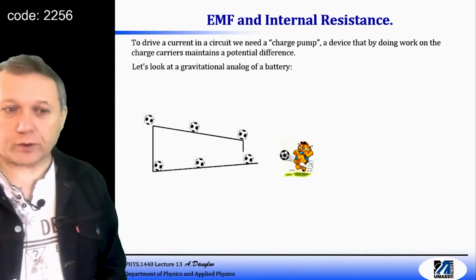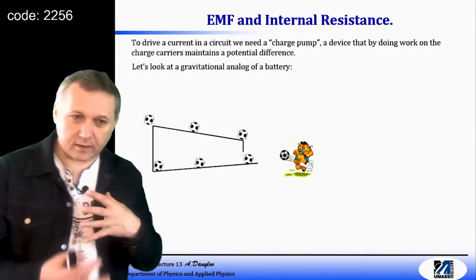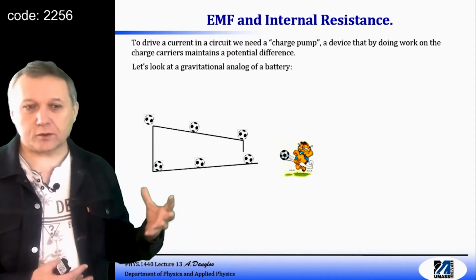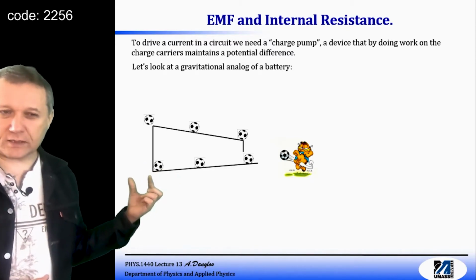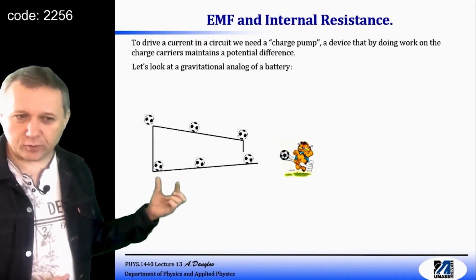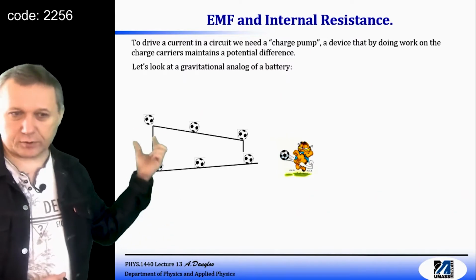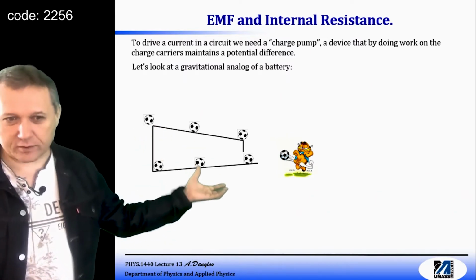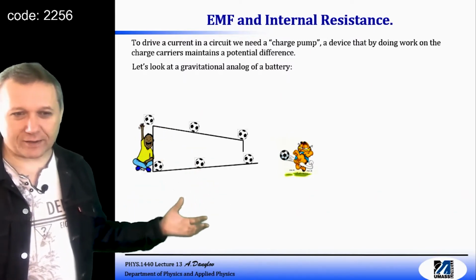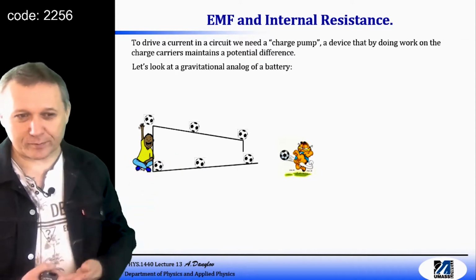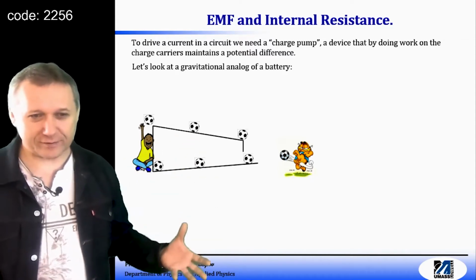So in order to have a steady current, we need to put here some kind of a device which would move balls from the bottom to the top. I couldn't think of any better device than this guy wearing Brazilian colors, because they're also crazy about soccer.